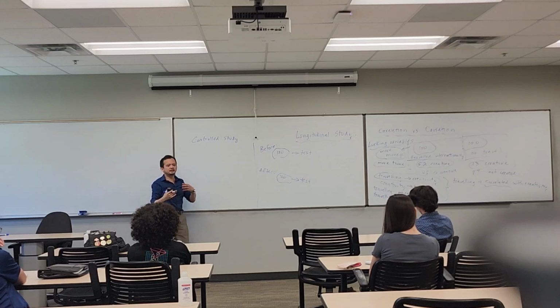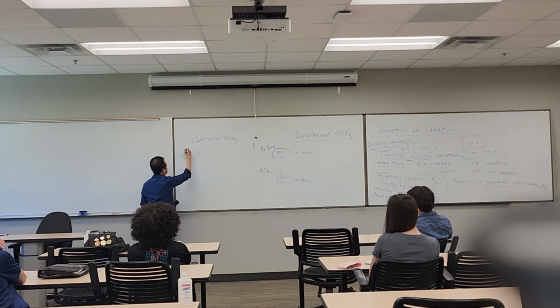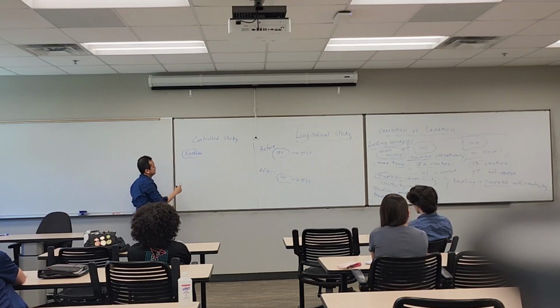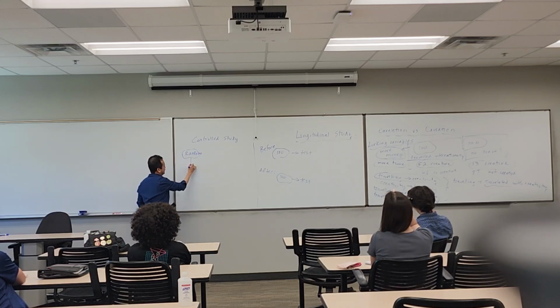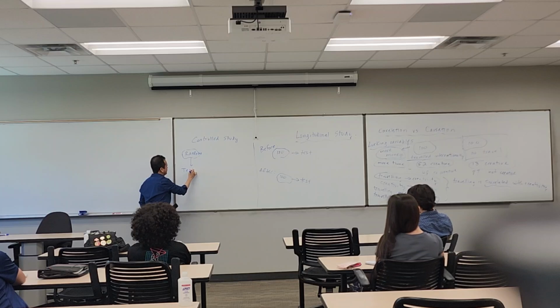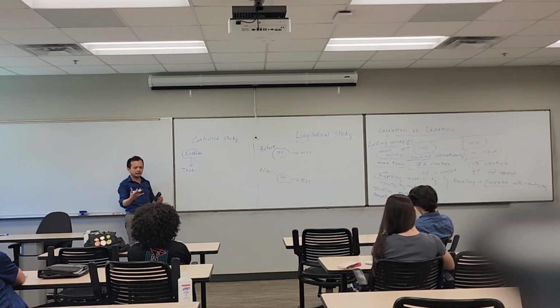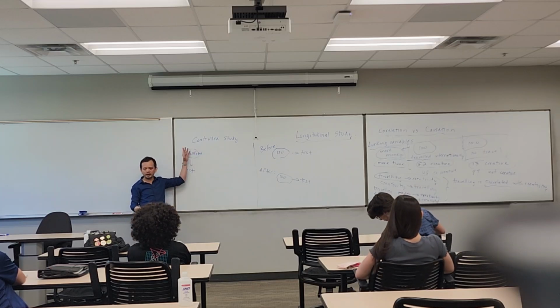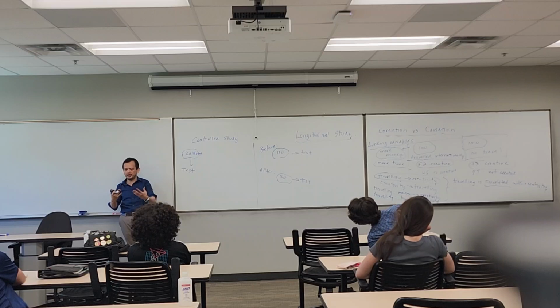And instead of having the same students before and after, what we do is we have a random group of students. And then we test them for creativity. And the second group, instead of having the same random group as before, we have a different random group.